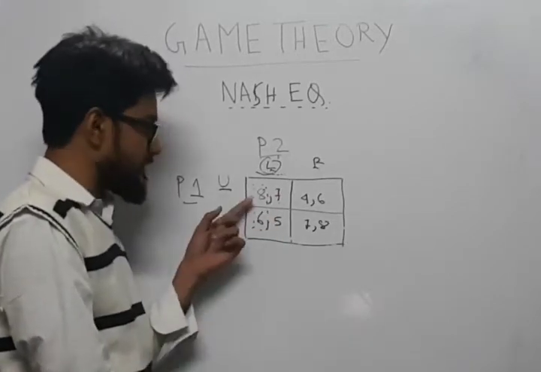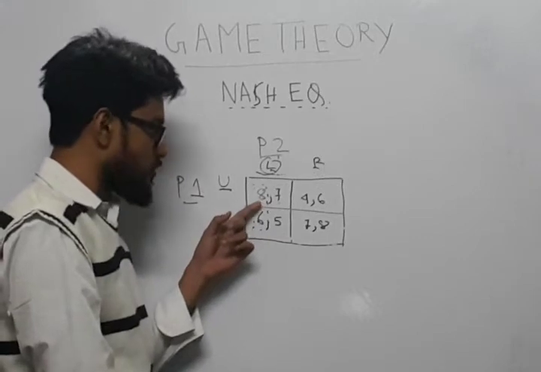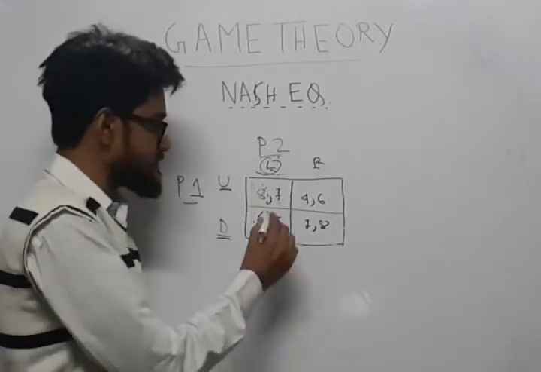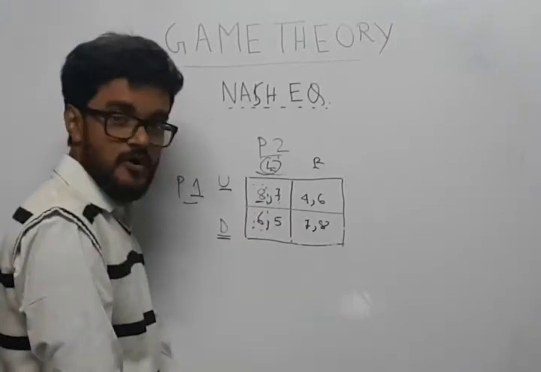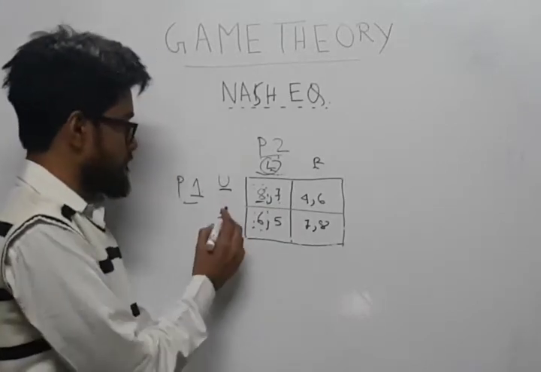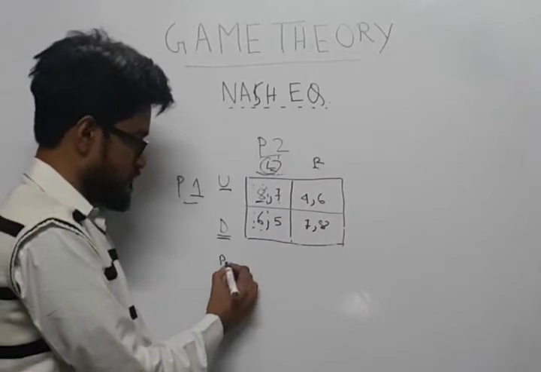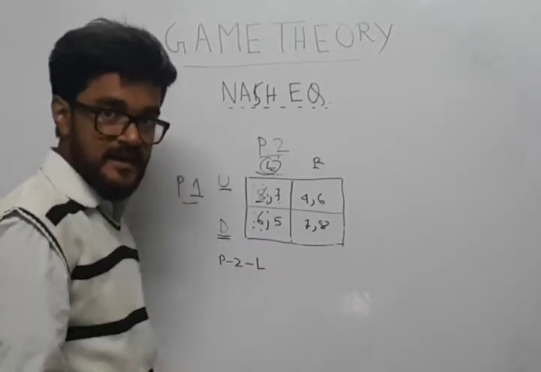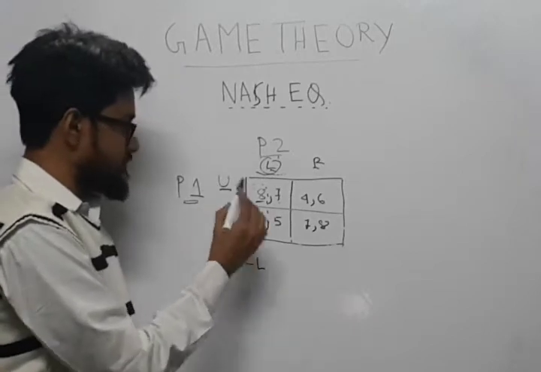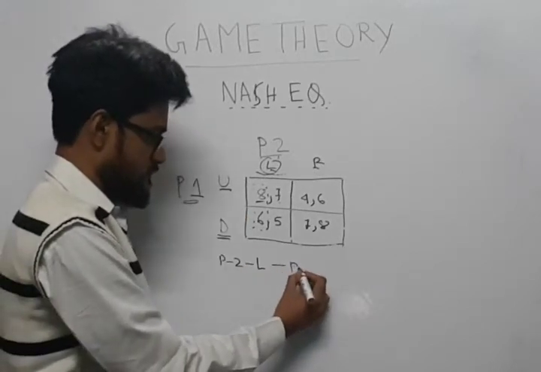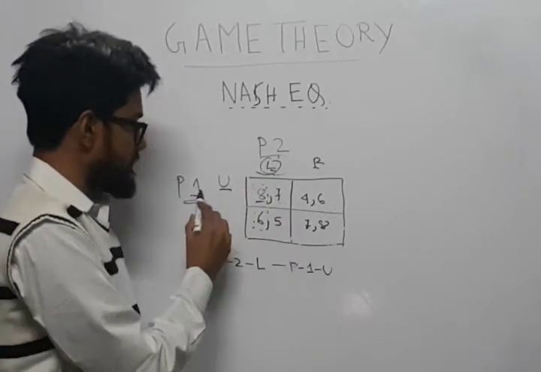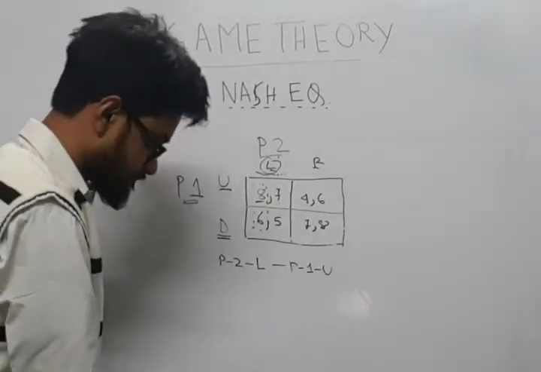Which one gives more utility among these two? Obviously it is 8. So we conclude that when player 2 plays L, player 1 plays U.